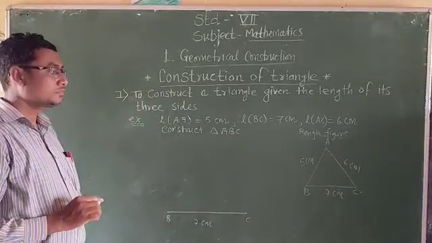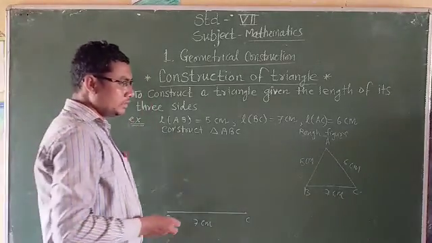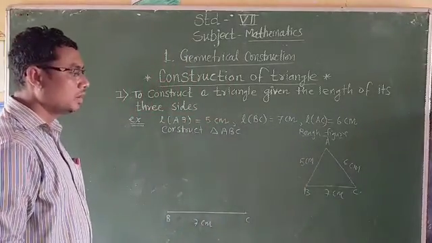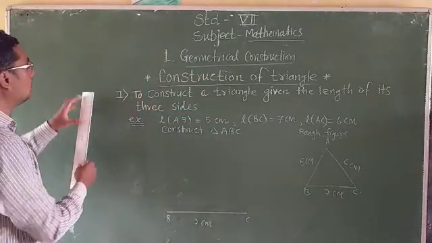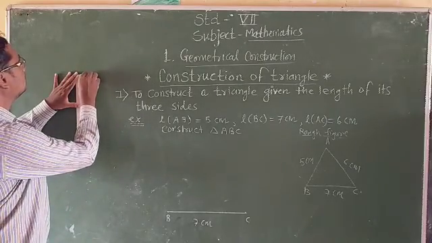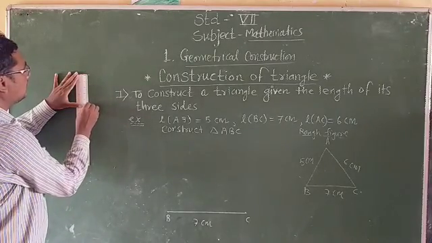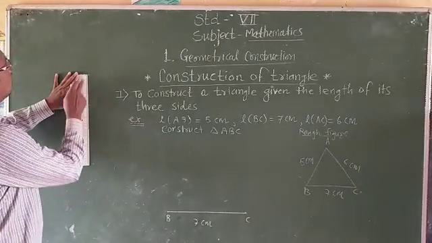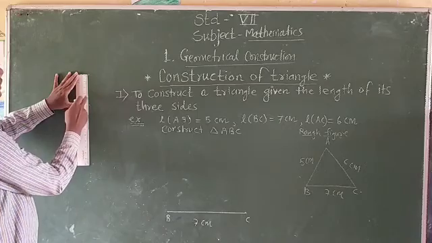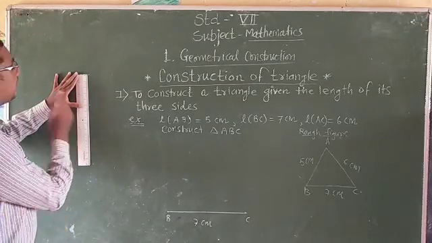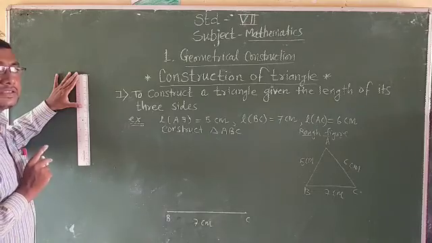Now take the length of AB. How much? 5 centimeter. So by using the ruler, look here, this is the 5 centimeter, 0 1 2 3 4 5. So in your scale you have to take the exact 5 centimeter distance.